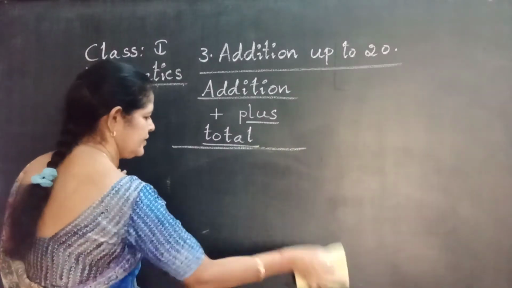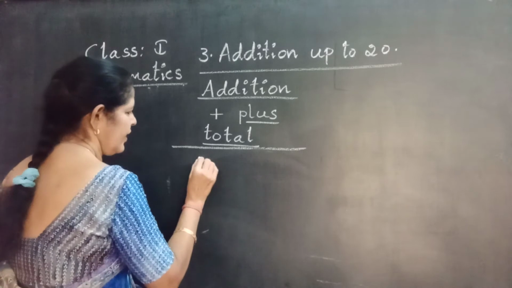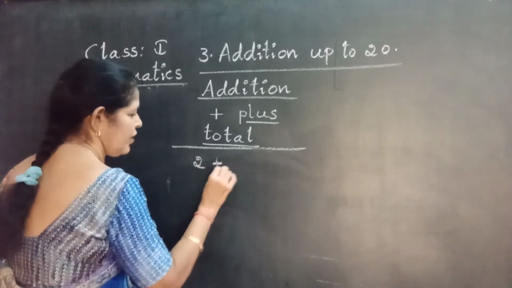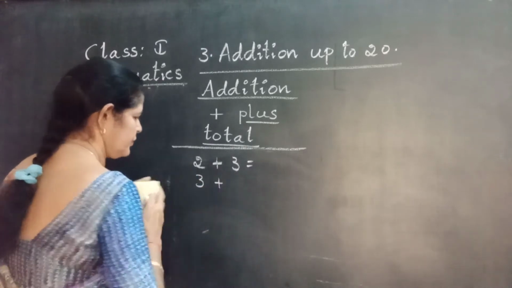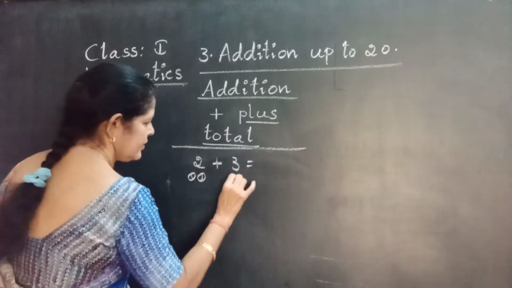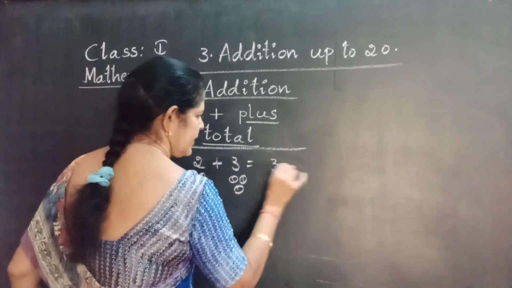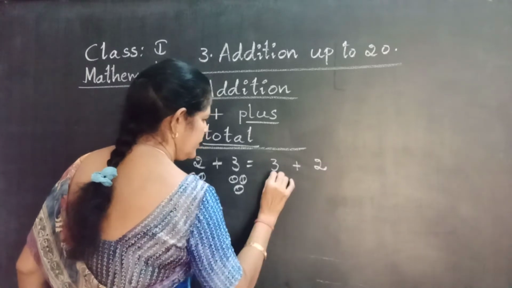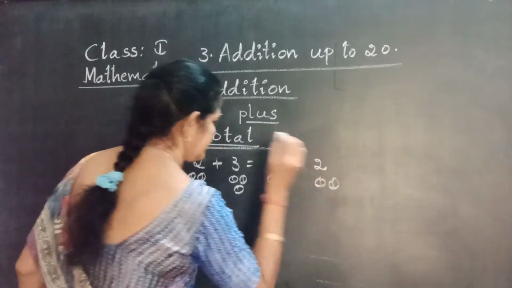Now we add any two numbers. See, I am going to take 2 and 3, and 3 and 2. Here 2 bars, here 3 bars. Here 3 plus 2, here 3 bars, here 2 bars.